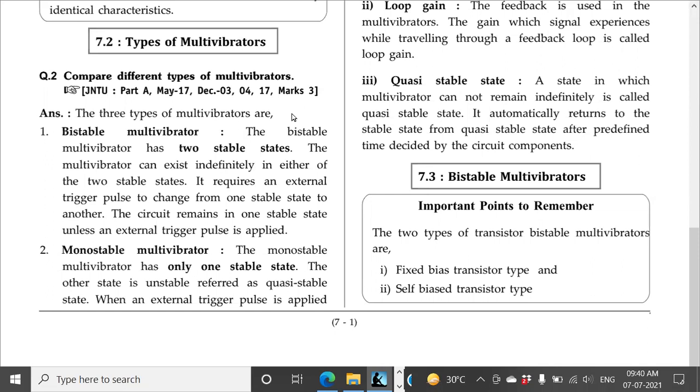Again I am repeating, initially let us take that the stable state is low voltage. Now if we give a trigger, it will go to the high state, remain there for some time and automatically come back to the low state.